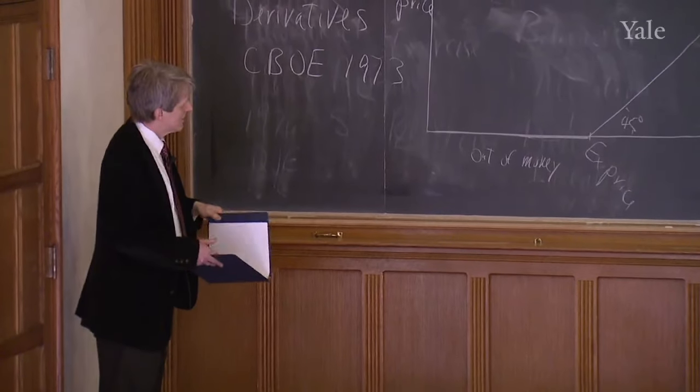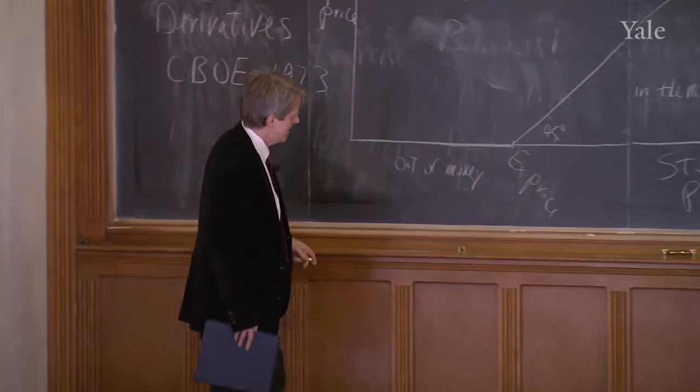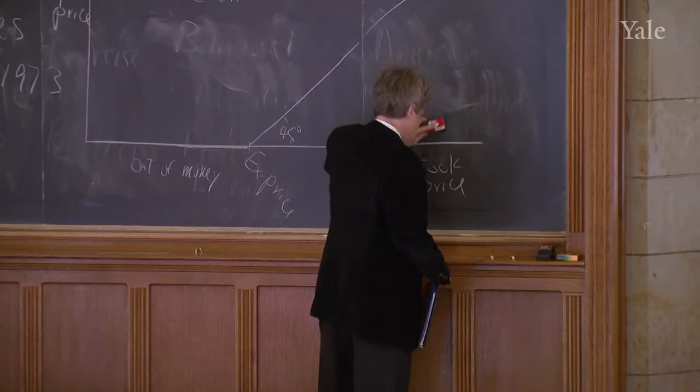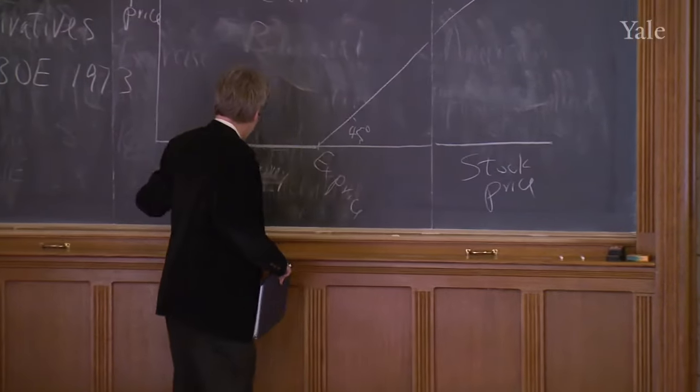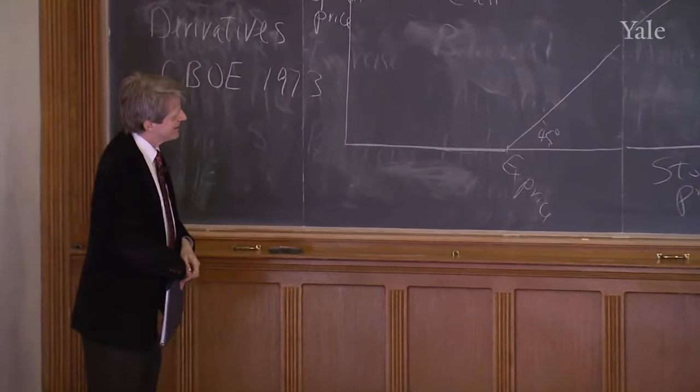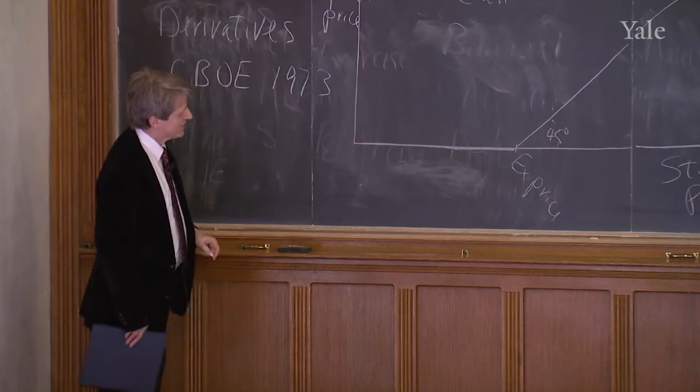Now I wanted to then talk about a put. What is a put? Let me erase where it says in and out of the money, but I'll show it. I'll do this with a dashed line so that you'll see which one is which. I'm leaving the call line up.